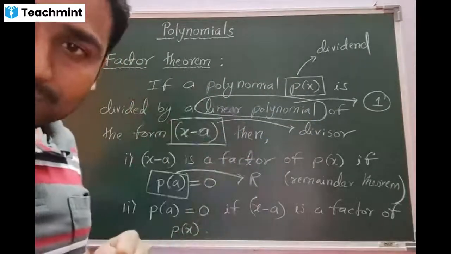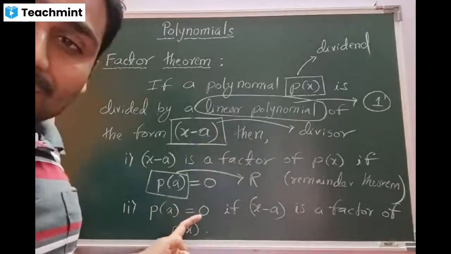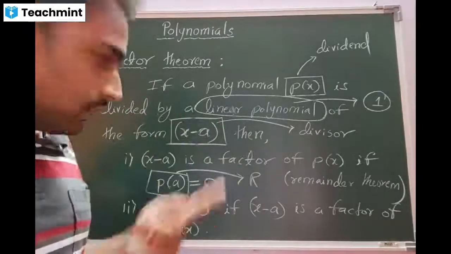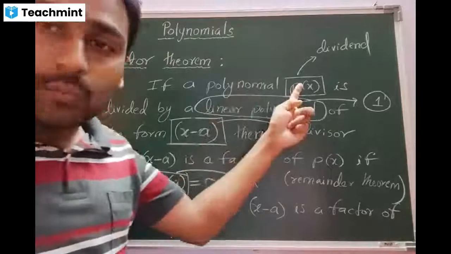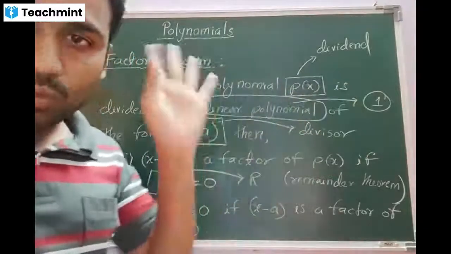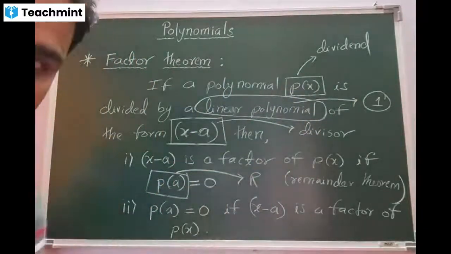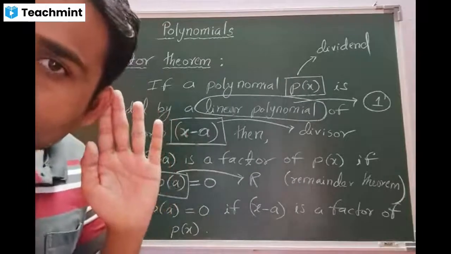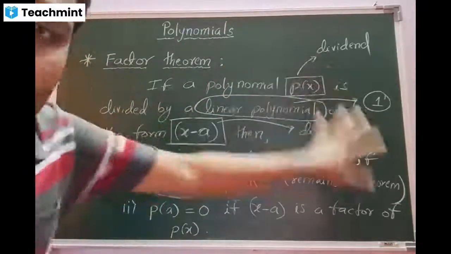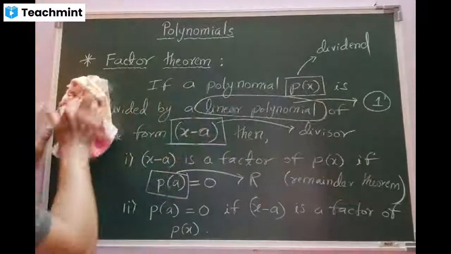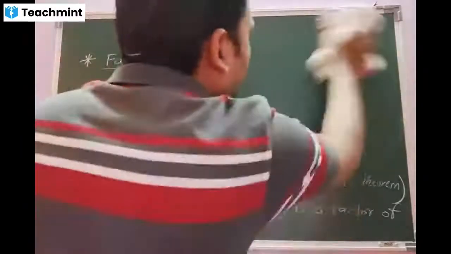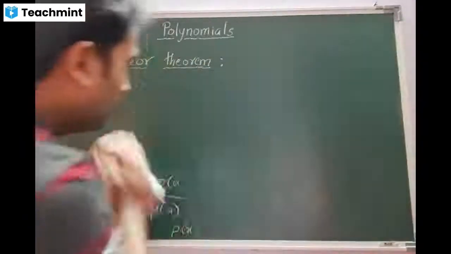That is number one. The remainder will be considered 0 whenever the divisor divides the dividend completely. This is number 2. Got it, beta? Yes, sir. Is there any confusion regarding the statement, beta? No, sir.